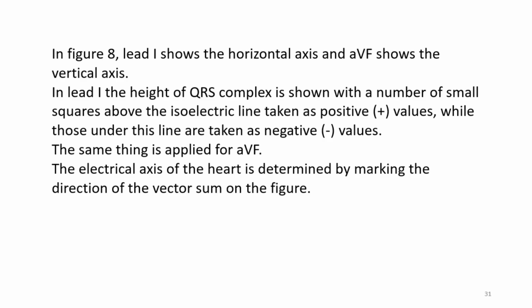So we get a value and we make a mark in lead 1, and the same thing is applied for augmented voltage foot, and then by 90 degrees we form dots. I will show you in the picture so that you will understand better. The electrical axis of the heart is determined by marking the direction of the vector sum on the figure.